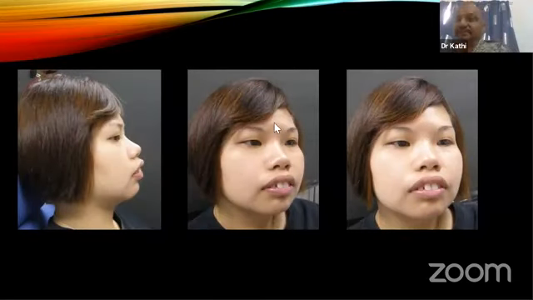Okay, what about this case? She can't even close her teeth because her teeth are outside. Just looking clinically, she is class 2, but cephalometrics will quantify the amount of discrepancy. It will show you how much class 2 she is, whether we can camouflage or not.